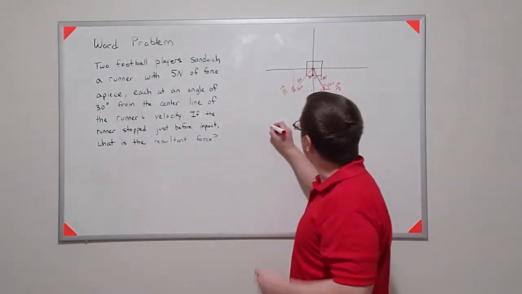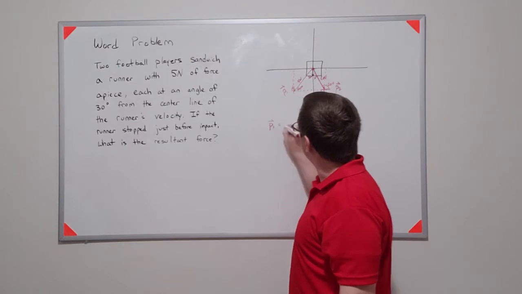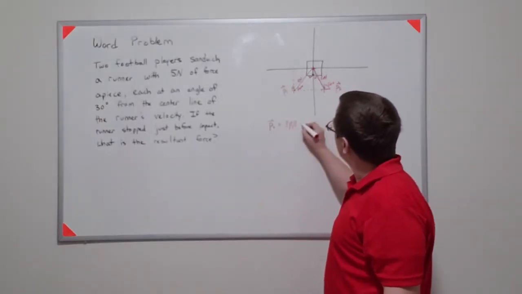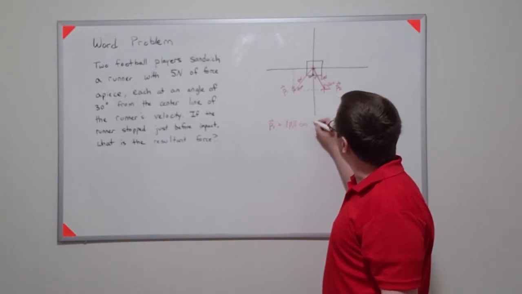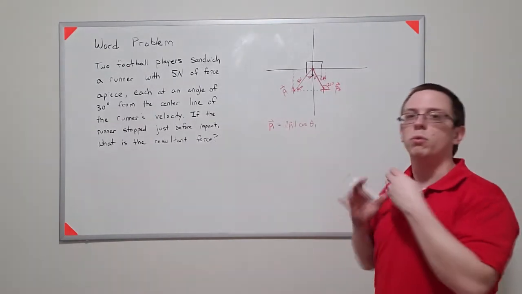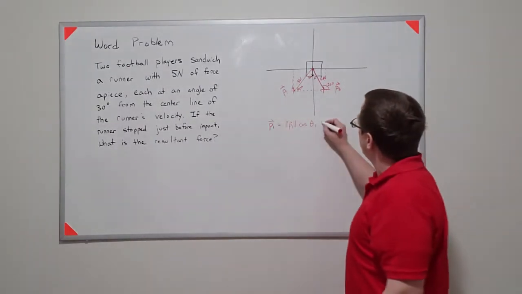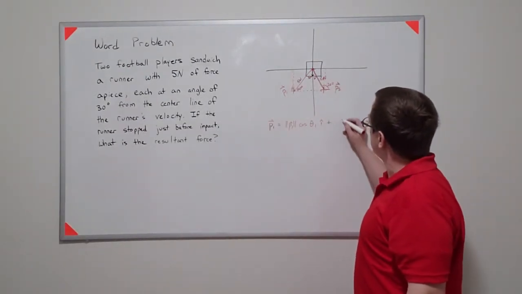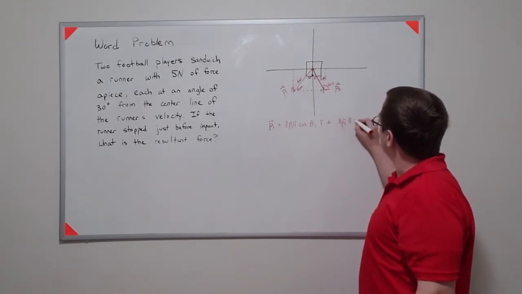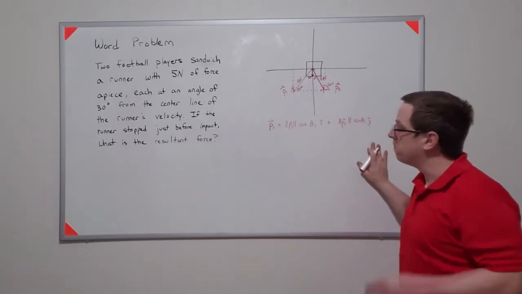So if we say P1 is its magnitude cosine, and we're going to call this theta 1 because that's the angle for player 1, i plus magnitude for P1 sine theta 1 j. All right, we're going to say that.